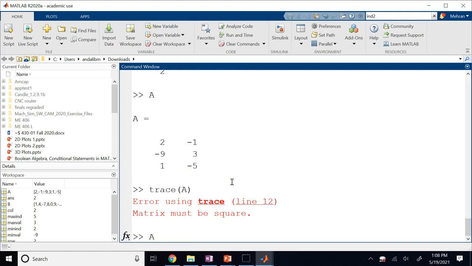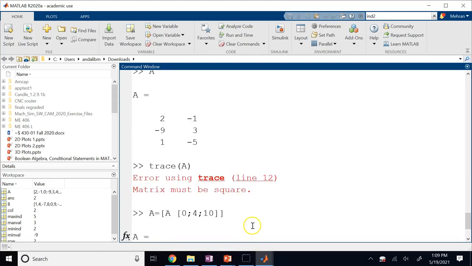So here I say A equals whatever it was, and to the right side of it, I add a 3 by 1 column. What is that column? 0, 4, and 10. I'm creating a column vector 0, 4, and 10, and I say whatever A is, to the right side of it, add that column and make A a 3 by 3.